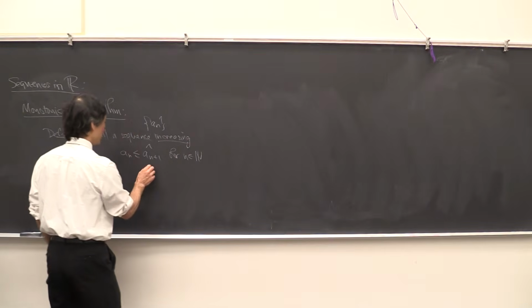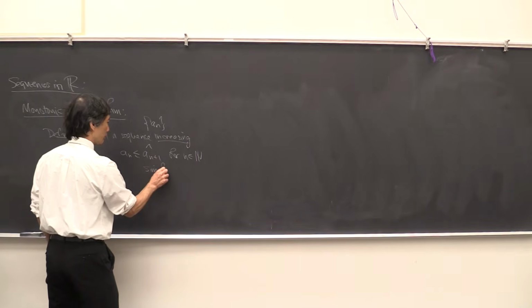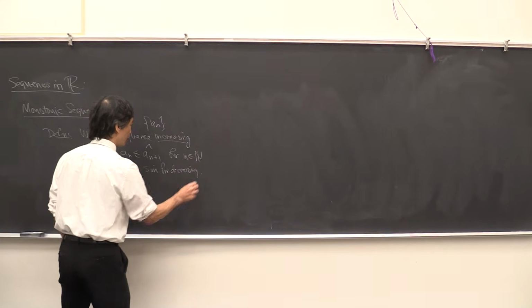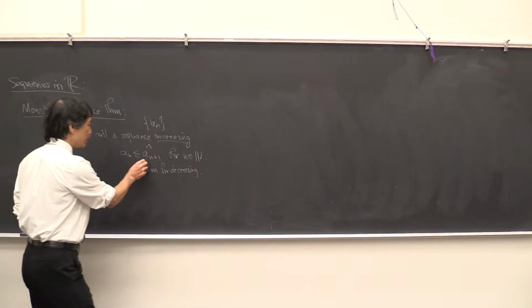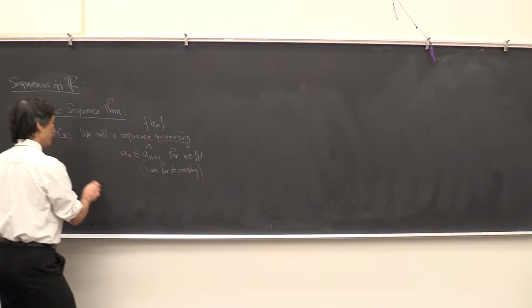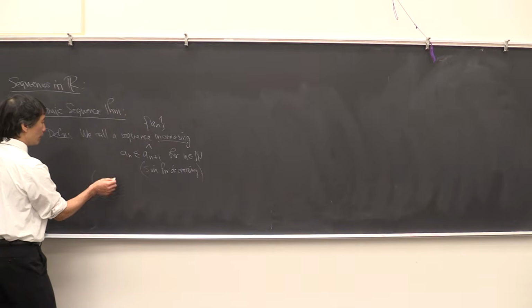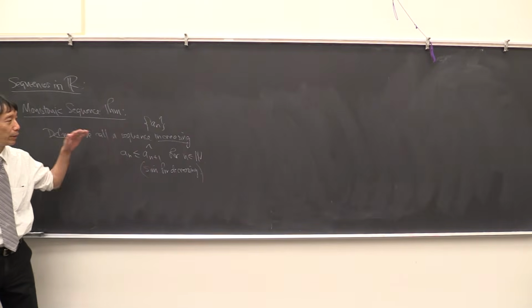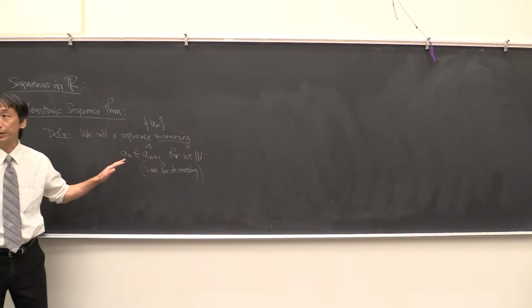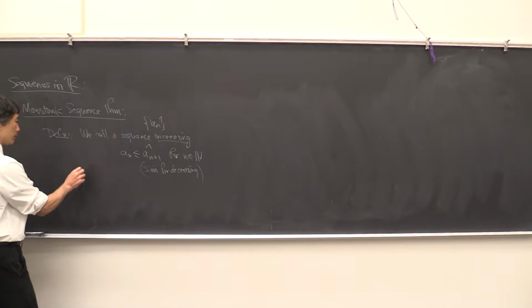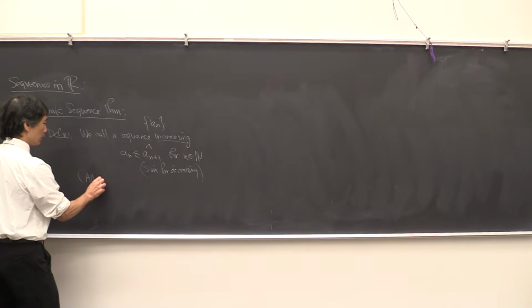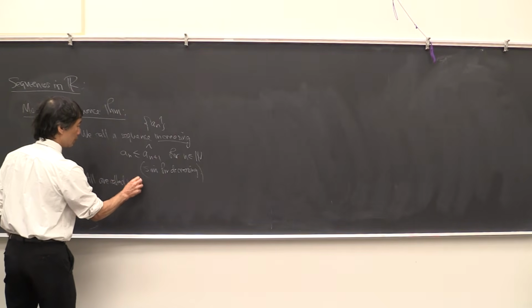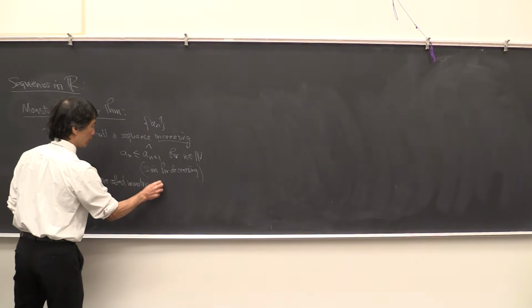Similarly for decreasing. All these sequences, strictly increasing, strictly decreasing, are called monotonic sequences.